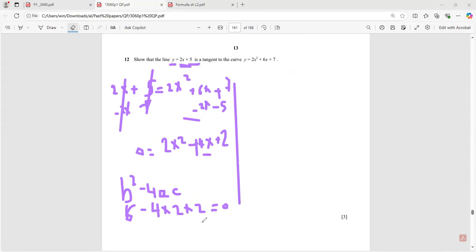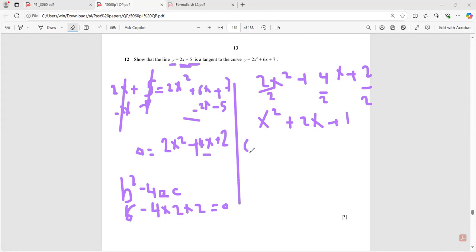Or you can get the derivative here, get the solution of this equation, which is 2x squared plus 4x plus 2, and solve it normally, dividing by 2, which will be x squared plus 2x plus 1.